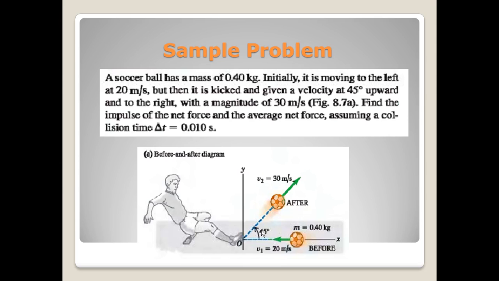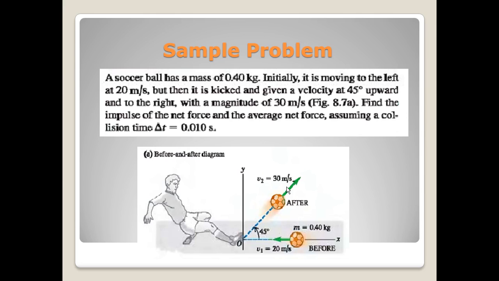Now, one curious thing that I haven't pointed out for this problem is that the ball is actually moving in two dimensions. So this means that there are two components for the velocity v sub 2, one along the x and one along the y. What we have computed earlier as 30 cosine 45 is simply the x component of the velocity of the ball along the horizontal. That is the one that we added with negative 20 meters per second.